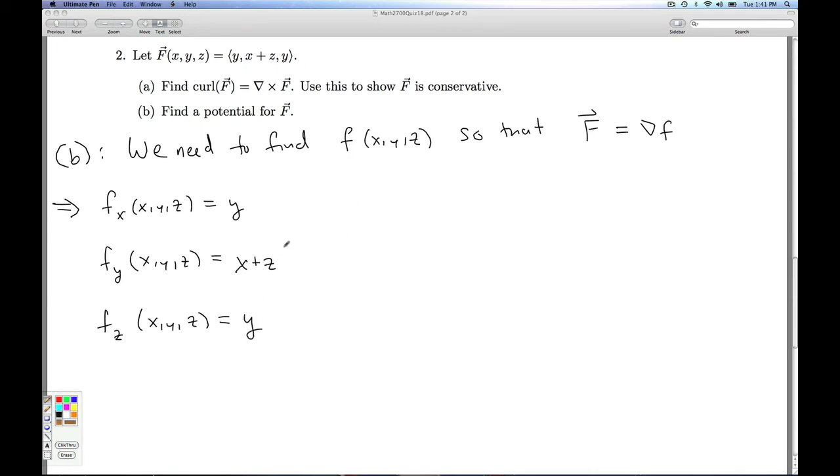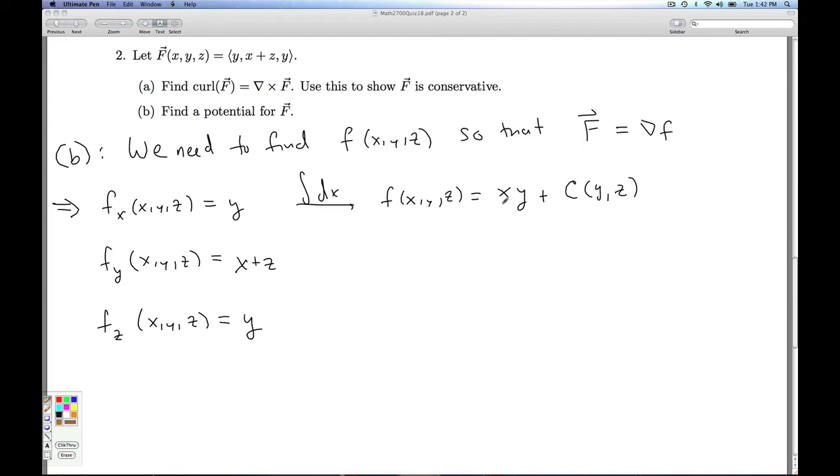And so we're going to do our method of successive partial integrations and partial differentiations. We can start with this first one and integrate with respect to x. We're going to get our potential f of x, y, z. Integrate this with respect to x, you get xy plus a constant, which could depend on either y or z. Now at this point, we start taking partial derivatives and forcing it to match up with these things.